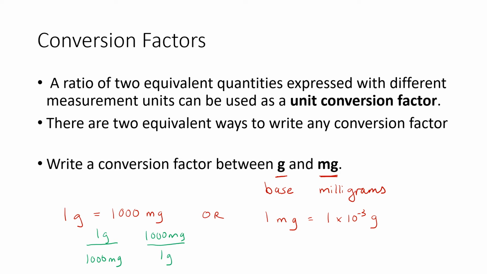We can do the same thing for our other conversion that we wrote. 1 milligram over 1 times 10 to the negative third grams, or we can write that upside down. 1 times 10 to the negative third grams in the numerator over 1 milligram. All four of those fractions that we just wrote is equal to the same conversion factor. It's just four different ways of writing it. When we actually are converting units, we'll have to decide whether we need grams in the numerator or grams in the denominator, and that will depend upon what we're starting with and where we're going to.